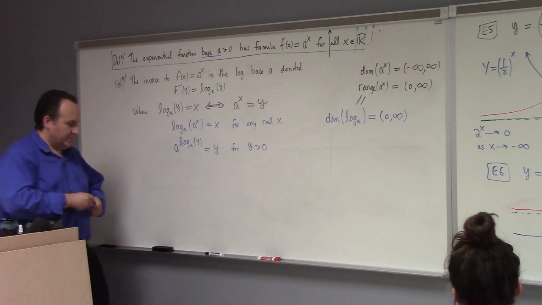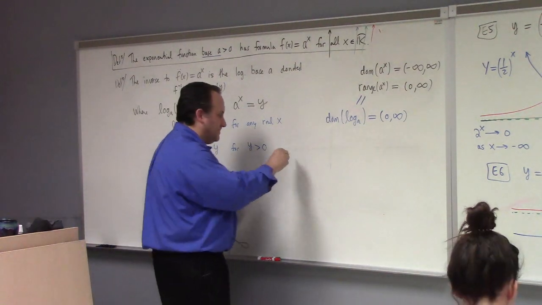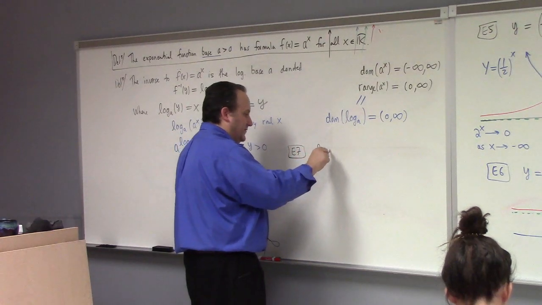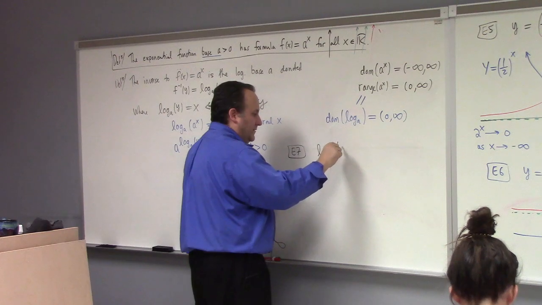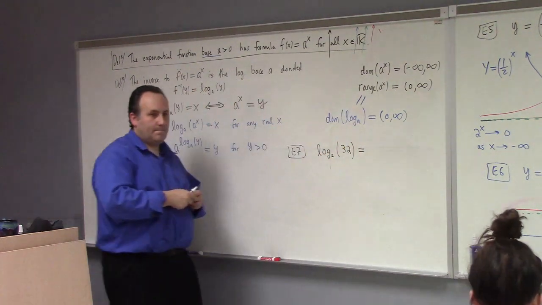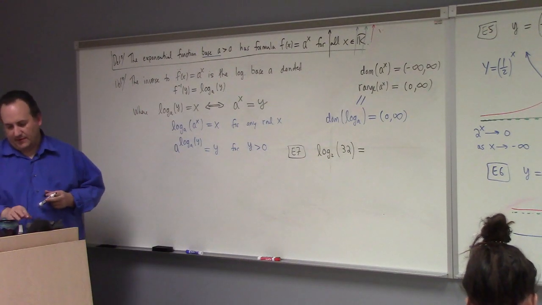Let's actually calculate a couple. Example 7. You guys help me out here. What would log base 2 of 32 be equal to? So what's the game we want to play here?